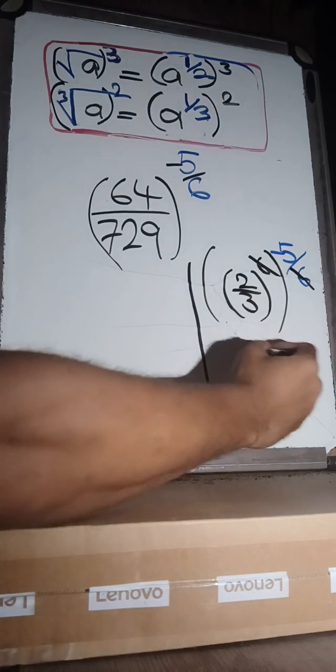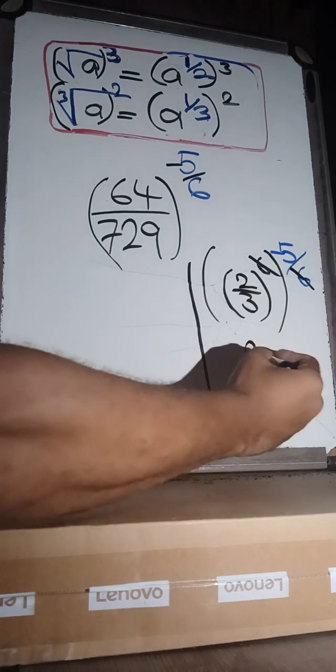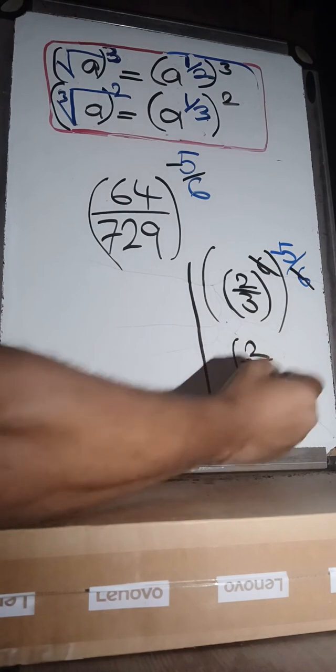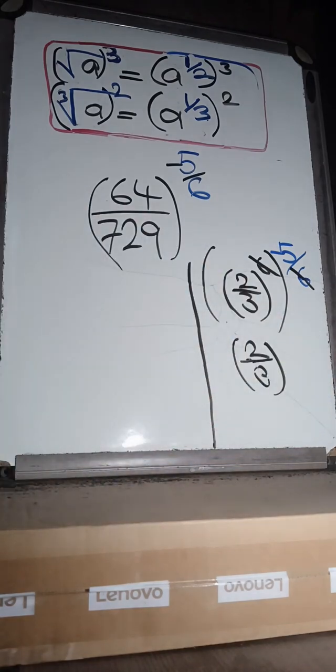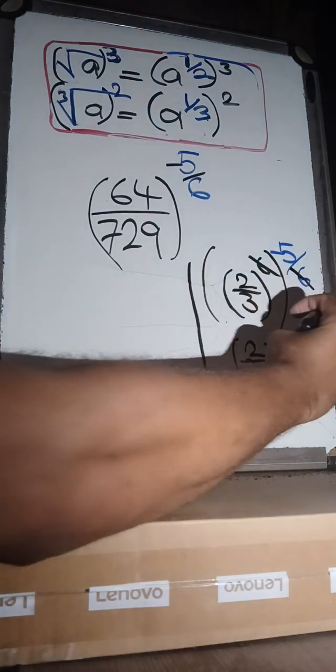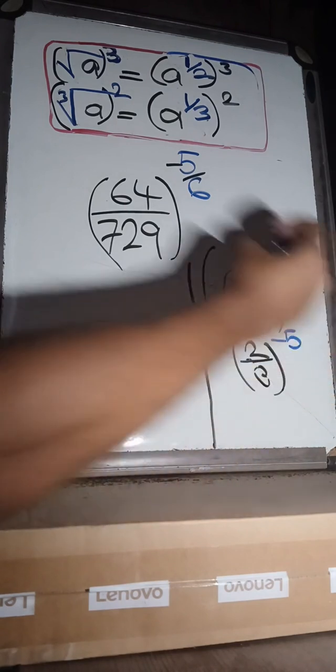So now I have 2 over 3 raised to the minus 5. So fine.